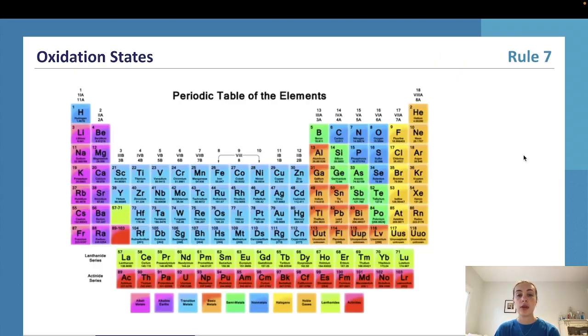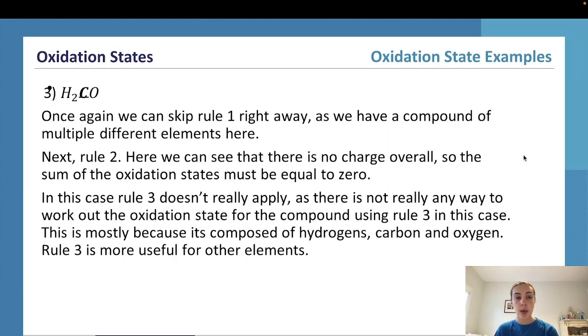So we can skip forward and we can say, well, each hydrogen is going to have a charge of +1. So we've got 2 of them, so it's going to be 2 times +1. So that gives us a charge of 2. So each hydrogen has a charge of +1, but overall, because there's 2 of them, we need to say that we've got +2.